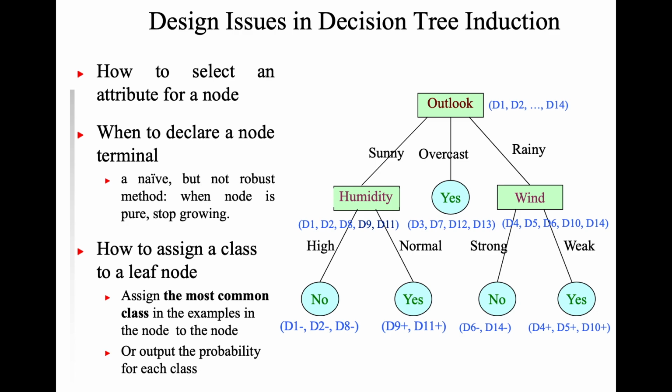The way that we select an attribute for a node is what you may also hear called a splitting criterion. There are several techniques and formulas to do that, but that is what helps you to choose the right feature.